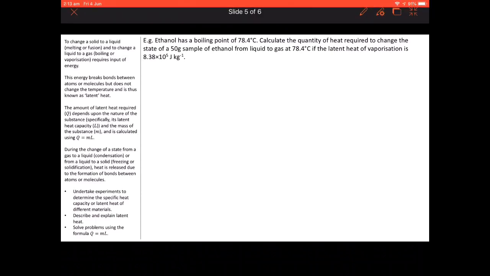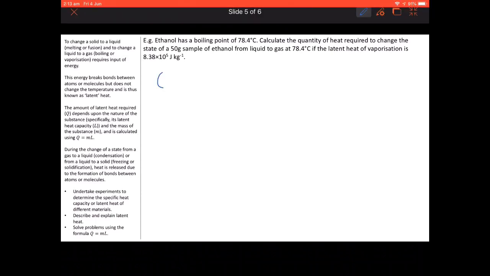Another example, ethanol has a boiling point of 78.4 degrees Celsius. Calculate the quantity of heat required to change the state of a sample of 50 grams of ethanol from liquid to gas at the boiling point 78.4 degrees Celsius if the latent heat of vaporization is 8.38 by 10 to the 5 joules per kilo.